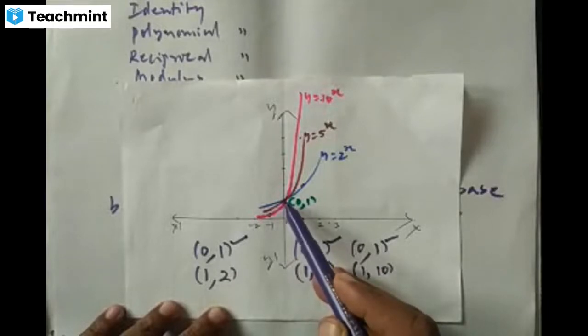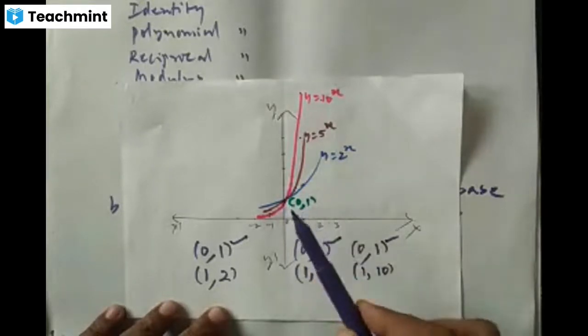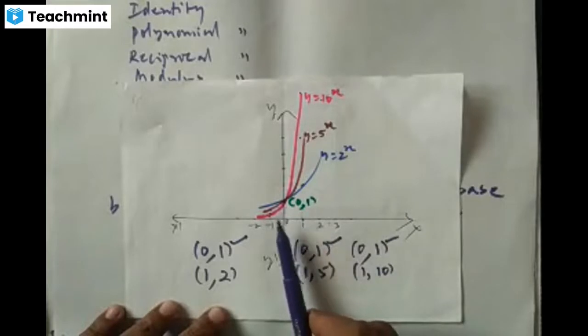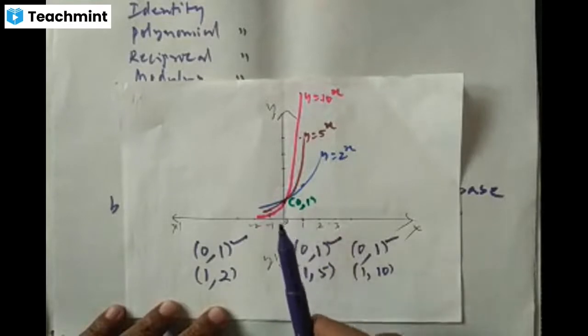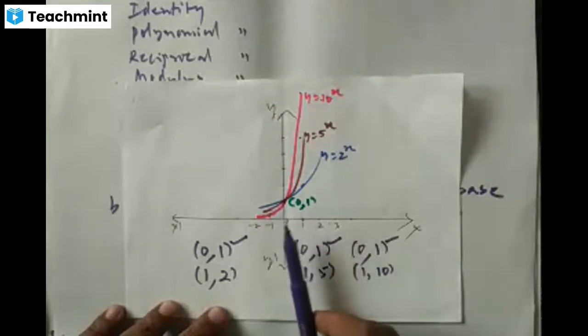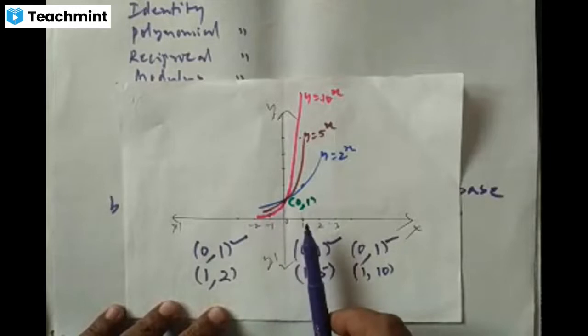That means at this point value of x is 0. That means x can take any positive value, any negative value, or x can take 0 also. So clearly domain of any exponential function is set of all real numbers R.